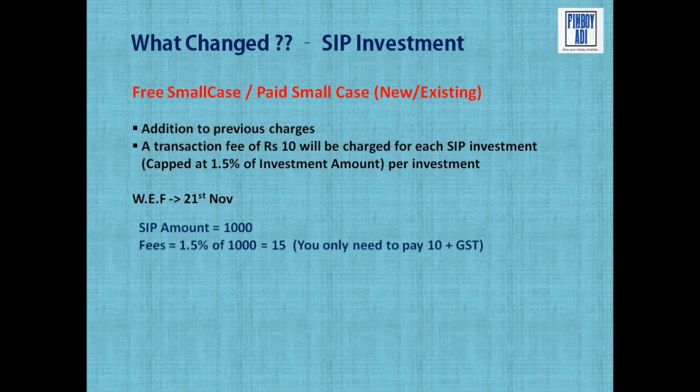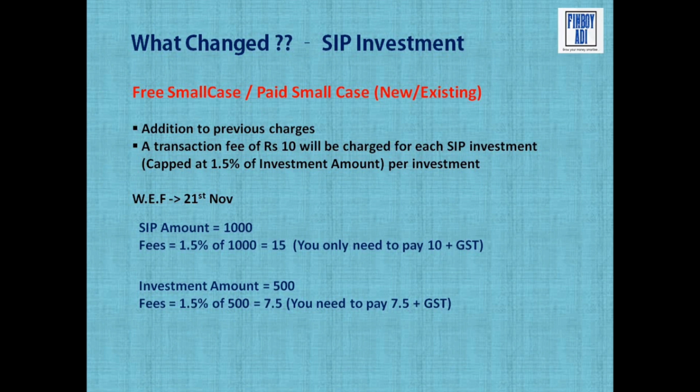If your SIP amount is 1000 rupees, 1.5% of 1000 is 15, but you only need to pay 10 rupees plus GST. Similarly, if your SIP amount is 500, 1.5% of 500 is 7.5, so you only need to pay 7.5 rupees plus GST. This is how you have to bear the cost in SIP investment.